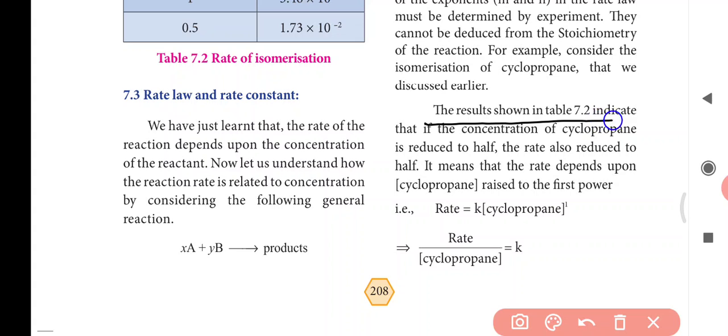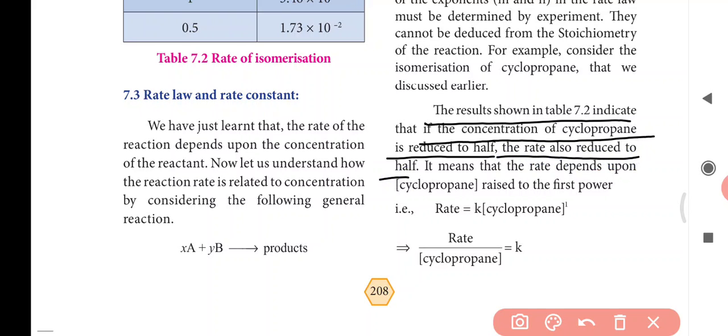The results shown in table 7.2 indicate, a very important line, that if the concentration of cyclopropane, the reactant, is reduced to half, the rate is also reduced to half.